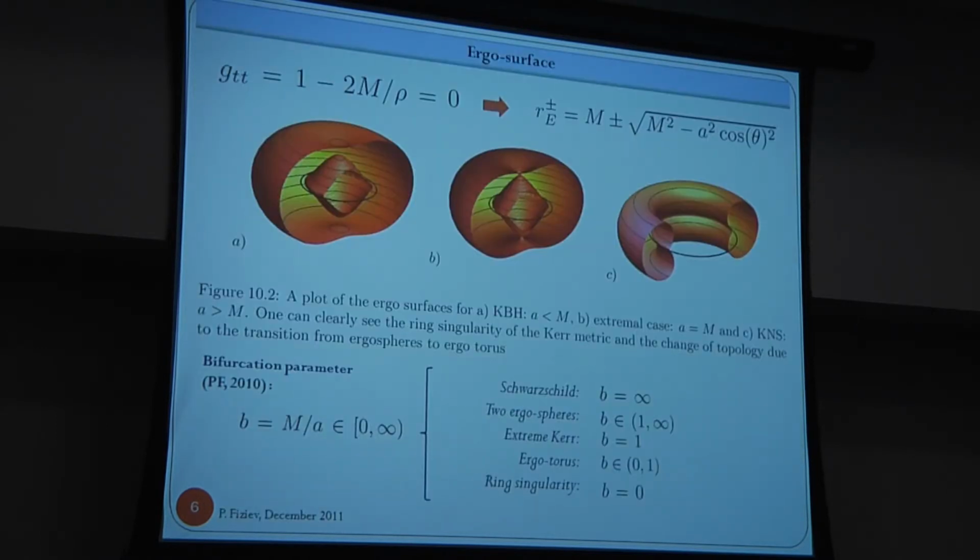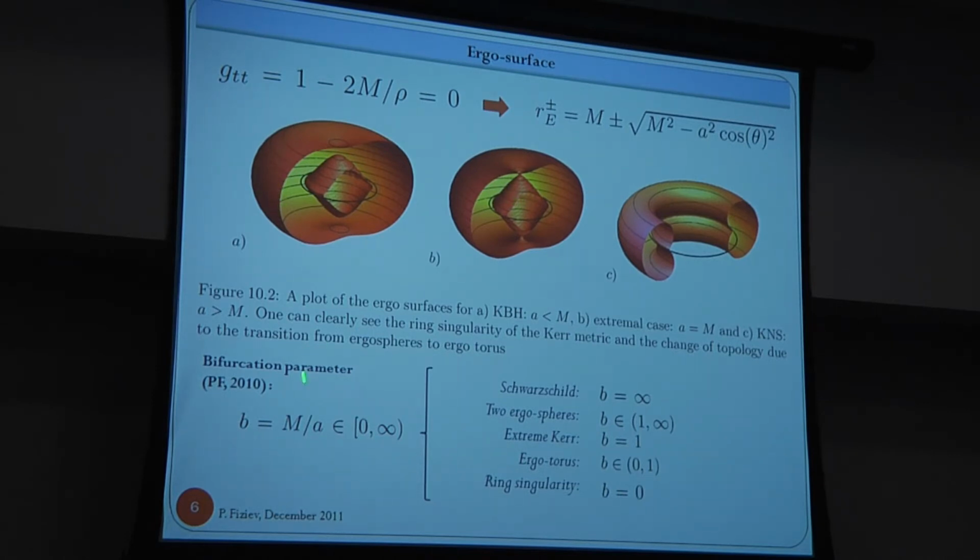And another thing which is slightly different from the one in the textbooks is this picture, which shows that speaking about ergo surface, we have two ergo surfaces, the outer one and the inner one, and you can see how they change with the parameter B, which I call bifurcation parameter. When we have extremal Kerr black hole, both surfaces contact.